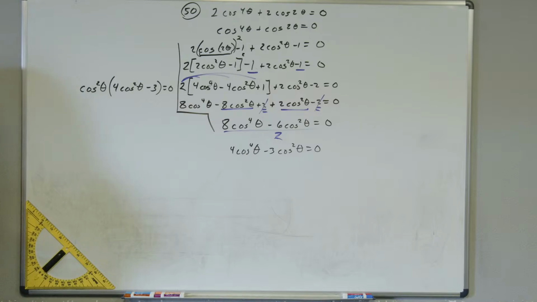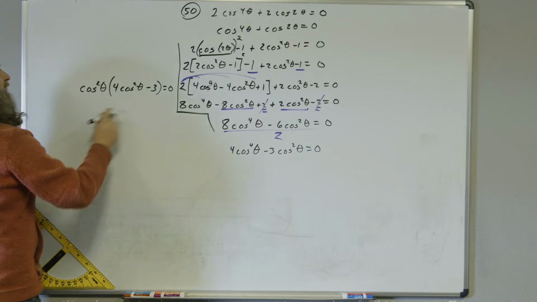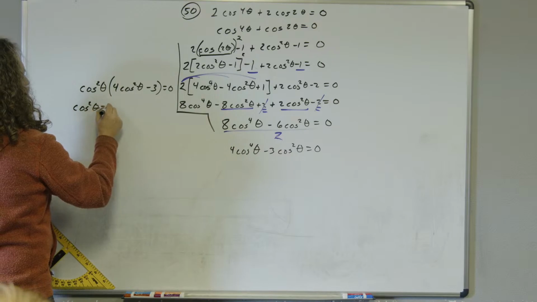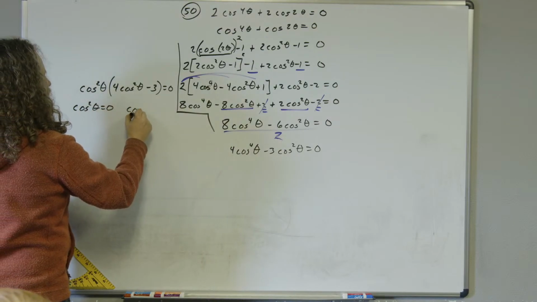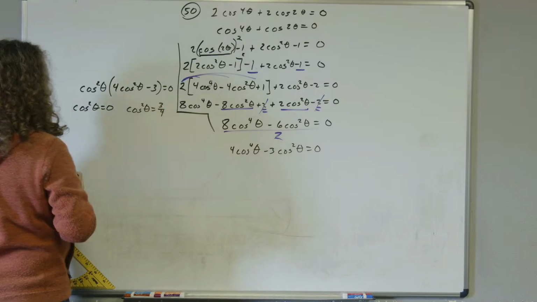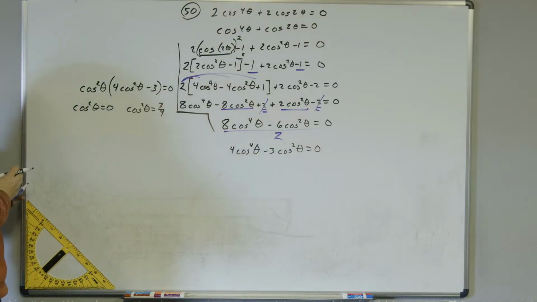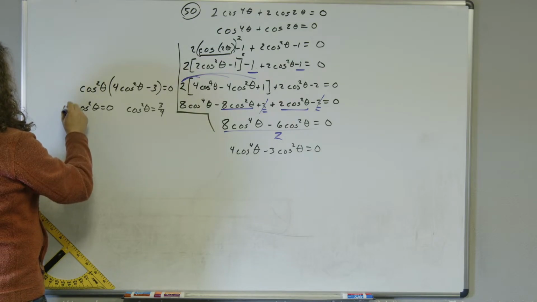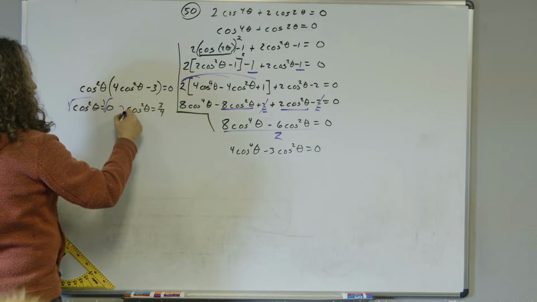Do the math. So, specifically, what is the math next? Cosine theta equals 0, which is just cosine equals 0. Set each factor equal to 0. And cosine squared theta equals 3/4. Now what? Square root all the schmagoigles.